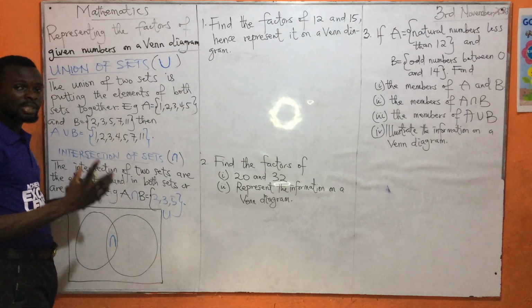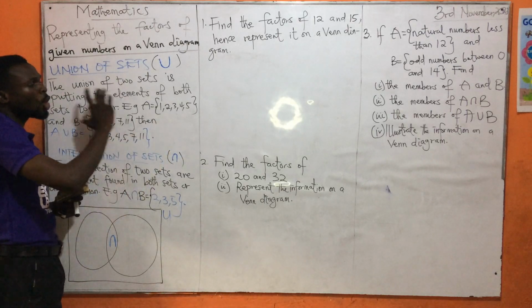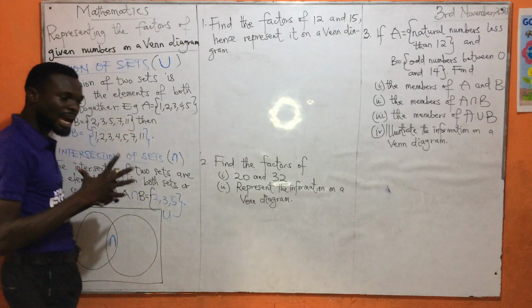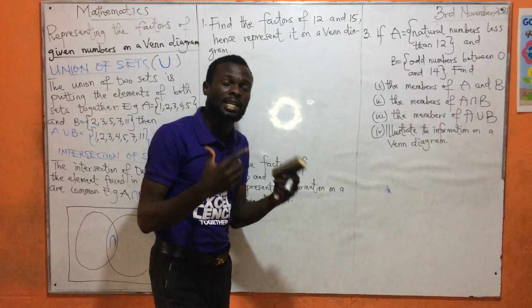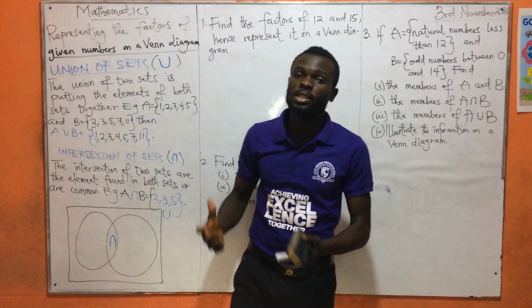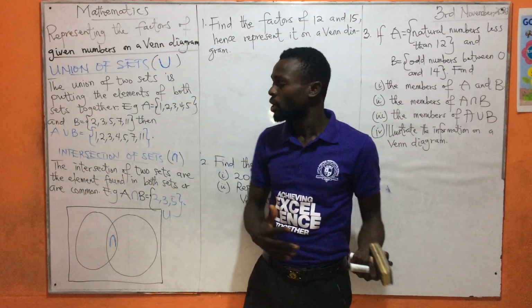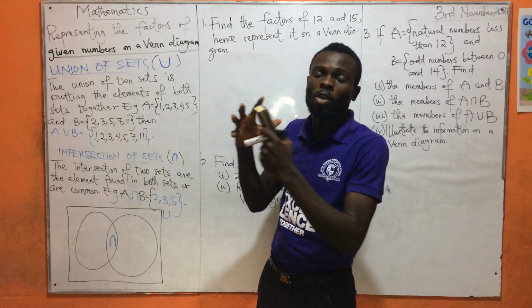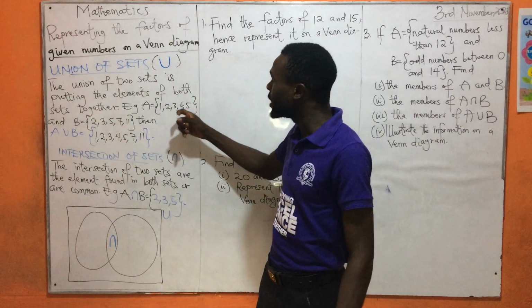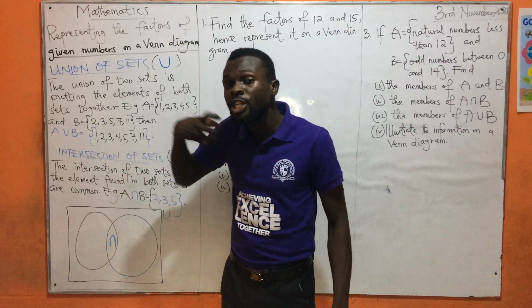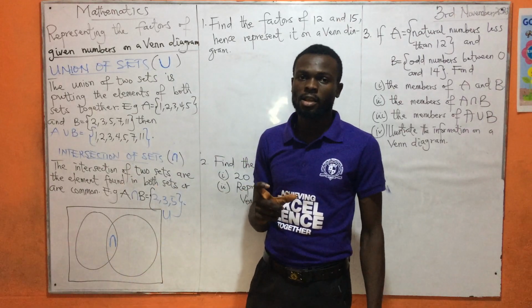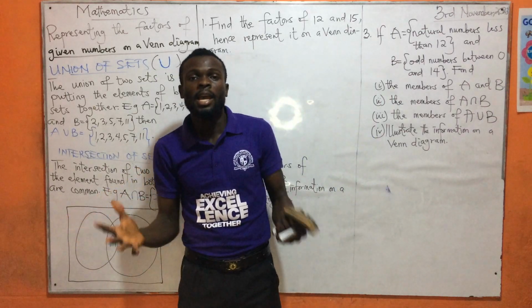We should also know that the arrangement of putting the numbers together should be in ascending order, that means from the least to the highest. So putting the elements of both sets together gives you the union of the sets. It's very simple to understand.